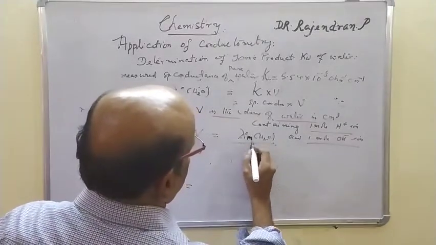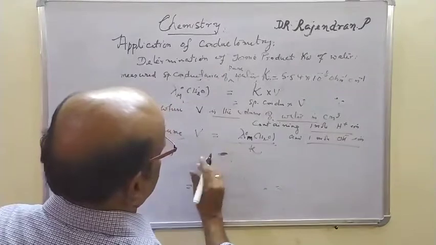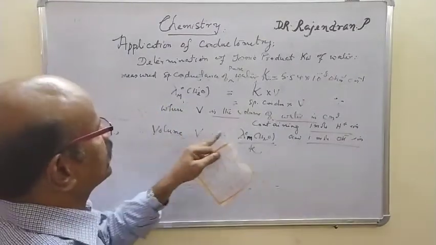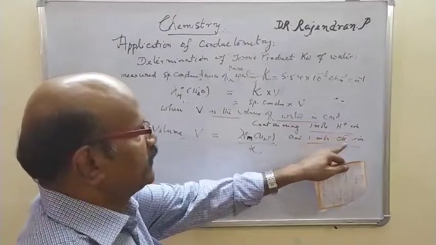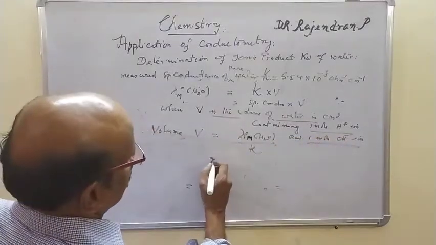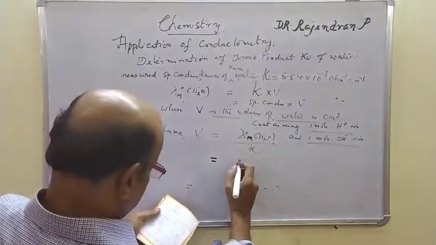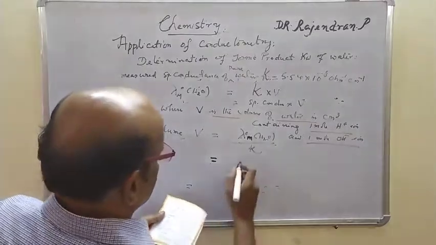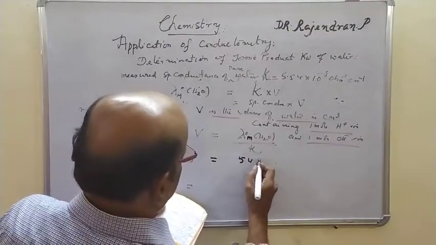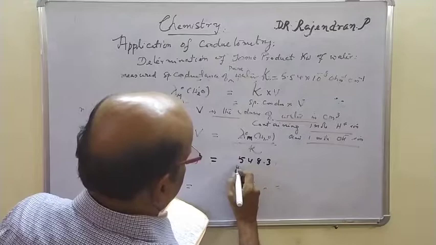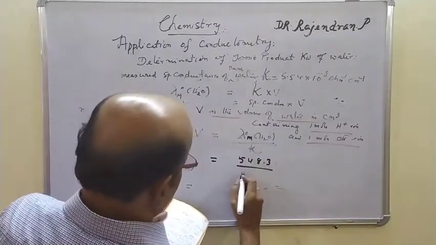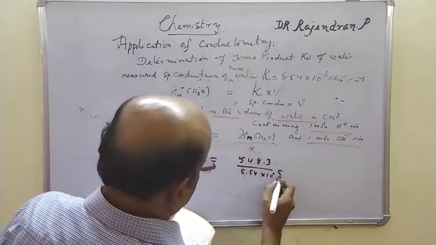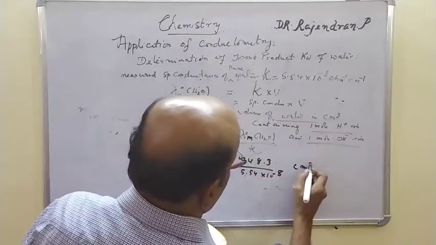Now go for the substitution. You know the values. The volume of the solution in cc containing 1 mole of H plus and 1 mole of OH minus ion of the water sample is V, equal to lambda 0 m, that is 548.3, divided by 5.54 into 10 raised to minus 8, so much centimeter cube.